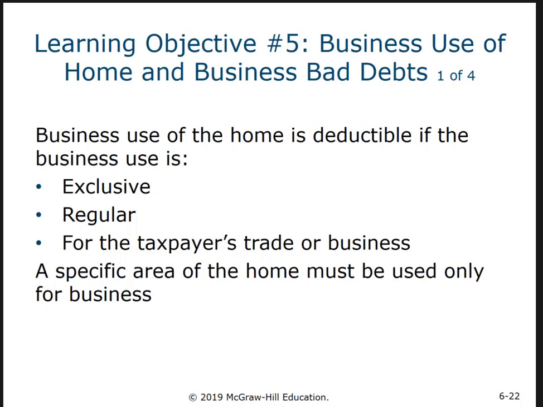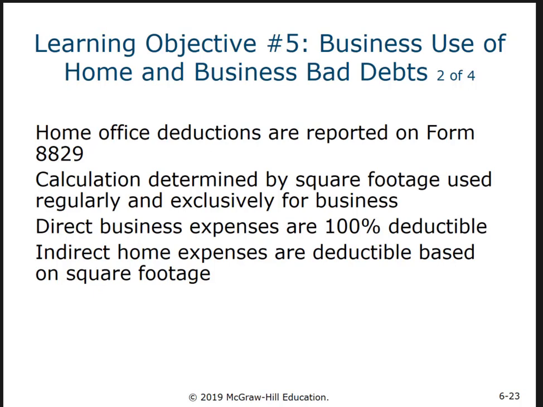Okay, so you can't have an office at home for the work that you do as an employee somewhere else, typically, and make that work. It's got to be something where you have no other place to do it. But you don't have to see clients, although that's a really good indication that you have a home office. This goes on Form 8829.